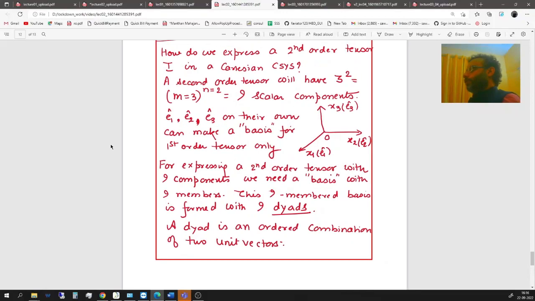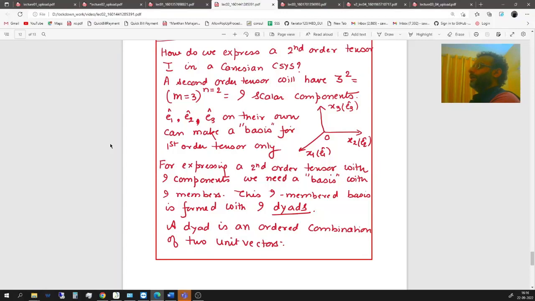And then we move on, and we ask this question: how do we express a second order tensor in my Cartesian coordinate system, in the red coordinate system? Now, a second order tensor will have 3 raised to the power 2, 9 scalar components.